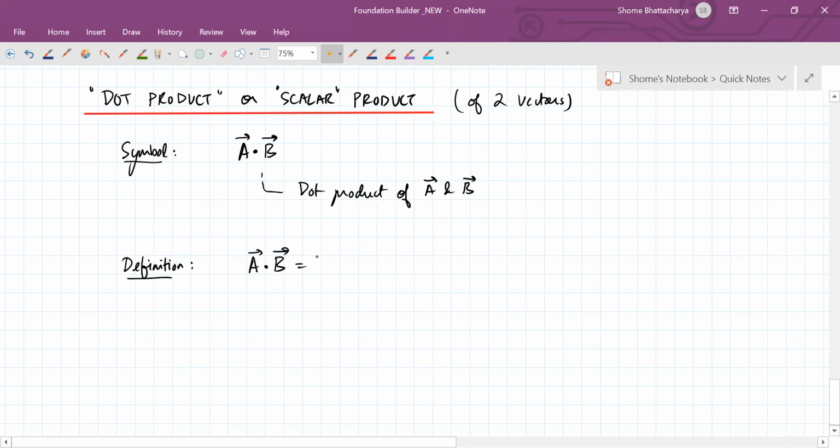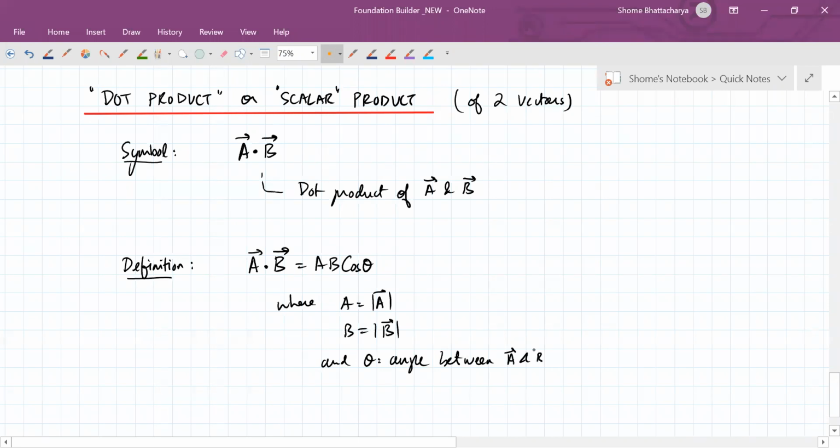So this is defined as AB cos theta. Very simple definition, where A is the magnitude of the vector A, B is the magnitude of the vector B, and theta is the angle between the vectors A and B. So you can see in the definition, because there is theta involved, we cannot take dot product of a scalar quantity with a vector, because scalar quantity does not have direction.